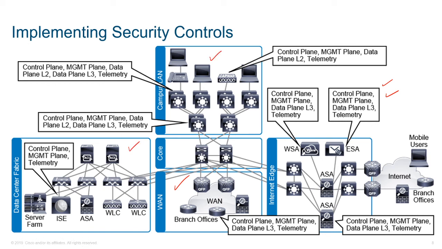And of course, if there are scenarios or situations where it's not possible for some reason to implement this everywhere, we generally want to focus in on the areas that are exposed the most. So let's focus in on those areas first. And then if we need to drill down further, of course, we can do that.